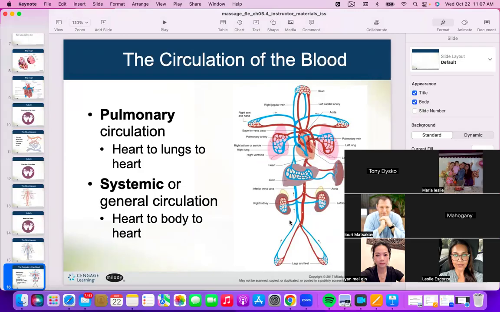Then it comes from the lower legs and collects to the vena cava right there and back to the heart and to the lungs and back to the heart. The idea is simple, but understanding the names, putting the names together and remembering them is just going to take a couple of exercises that we're going to do together.